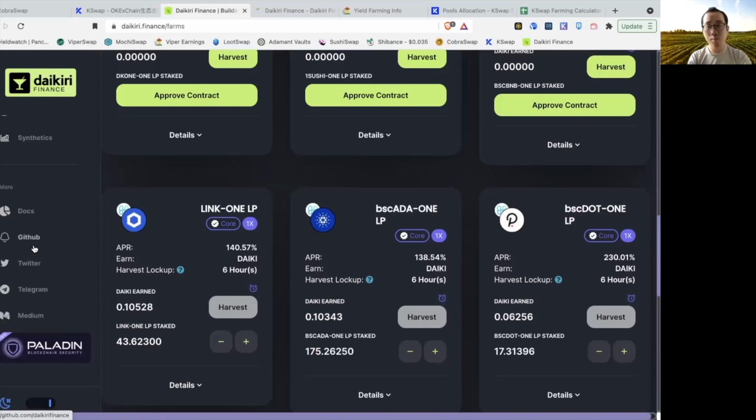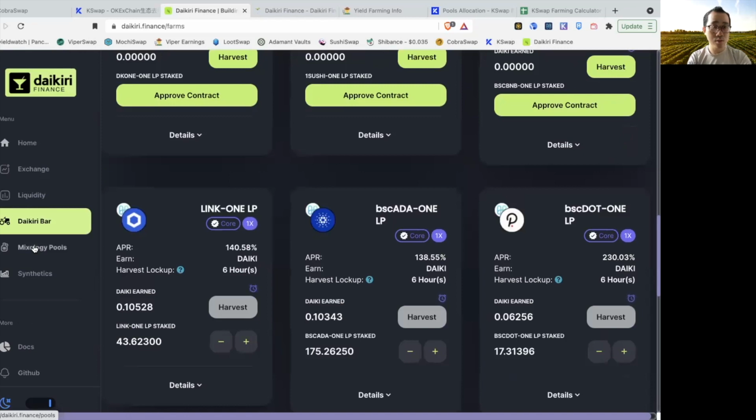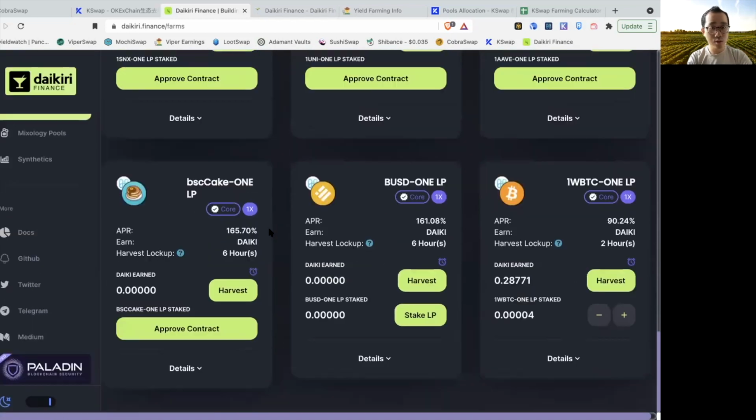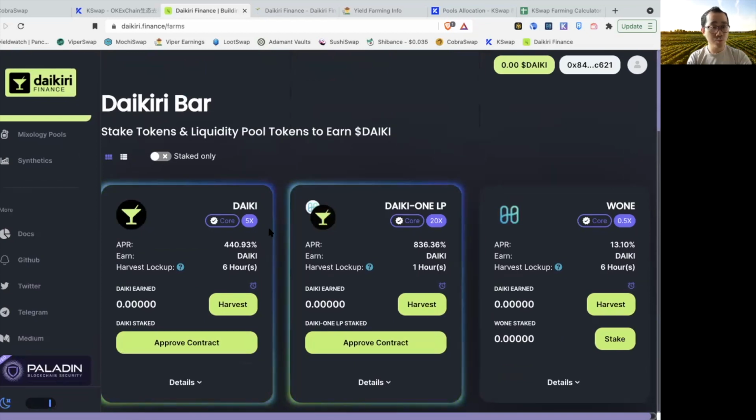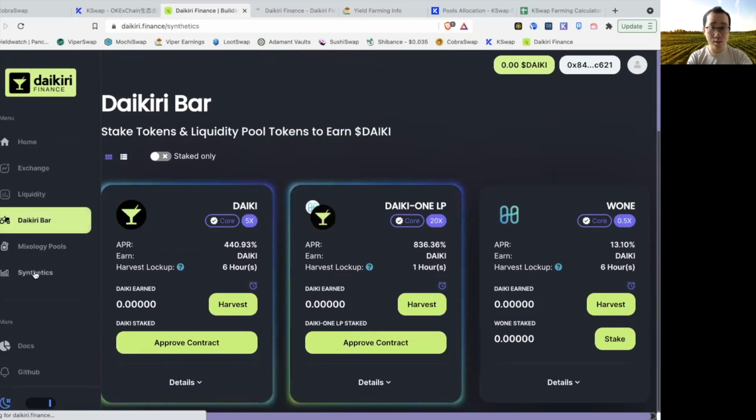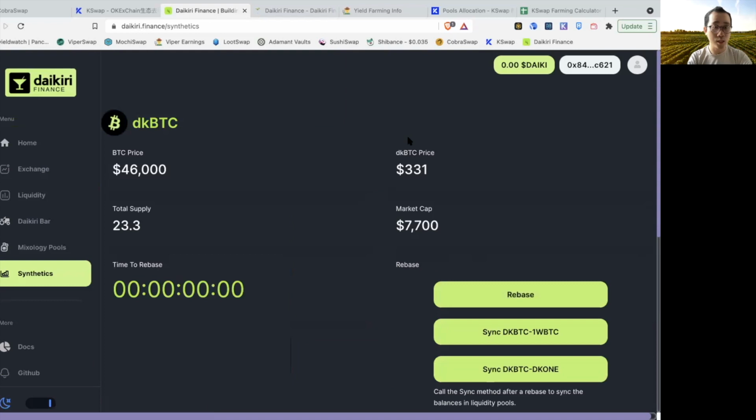The reason why I am only recommending Daikiri Finance now is because prior to this, there was some, let's say, not exactly positive sentiment on Daikiri Finance on the Harmony 1 subreddit. There was also pretty much uncertainty on the liquidity in this pool and the fact that their synthetics, well, they're still not really pegging to Bitcoin.